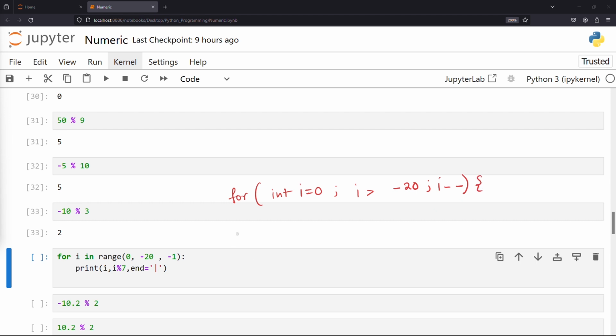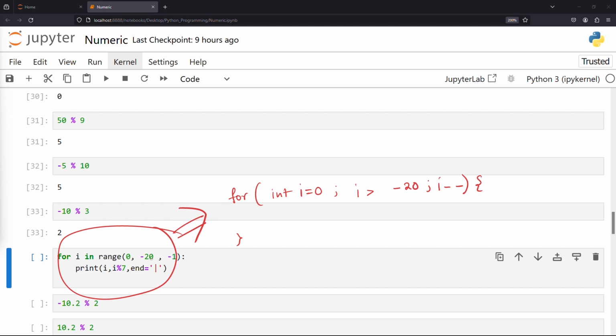So this for loop is equivalent to this. Here this range will give us the values from 0 to minus 20, excluding minus 20.